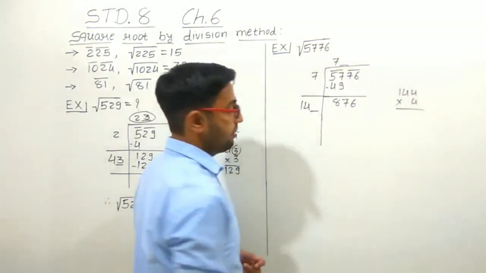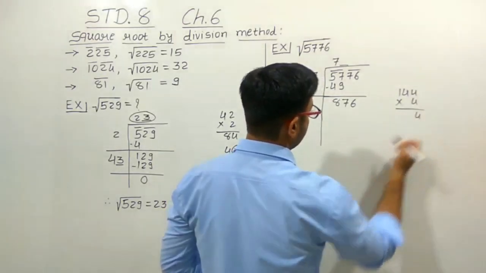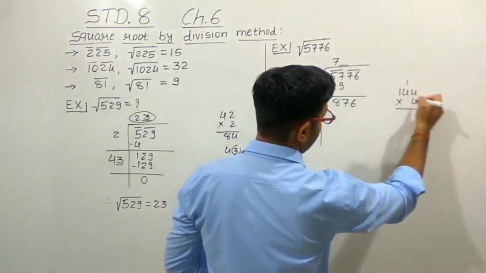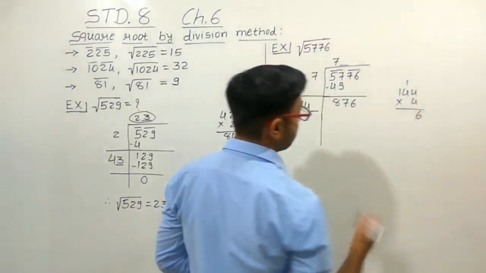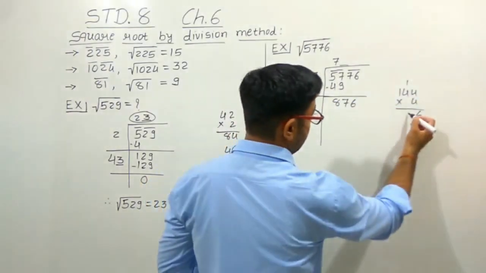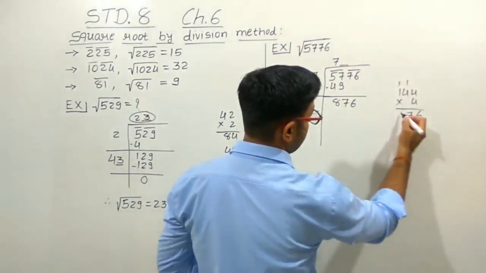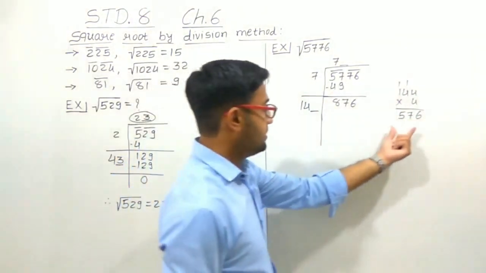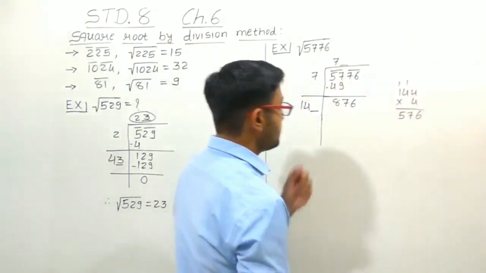Now what will happen if we multiply? 4 4s are 16. 6 is here, 1 is the carry. 4 4s are 16 plus 1, that is 17. 7 is here, 1 is the carry. 4 1 is 4 plus 1. We get 576. So see, this number is not near the required number. So we have to increase this digit.